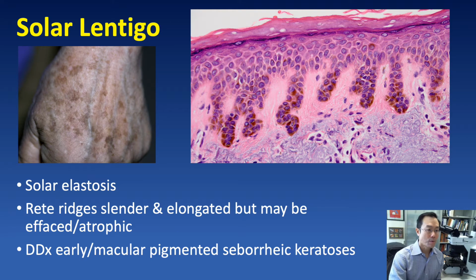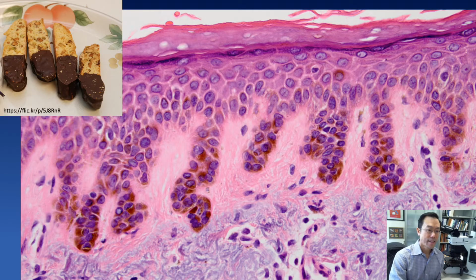So one should appreciate solar elastosis in the papillary dermis, and the epidermal changes include slender and elongated hyperpigmented reedy ridges. Although in some cases it seems that age-related or senile atrophy prevails, and so we don't always see the nice classic elongated reedy ridges that look like they've been dipped in chocolate.